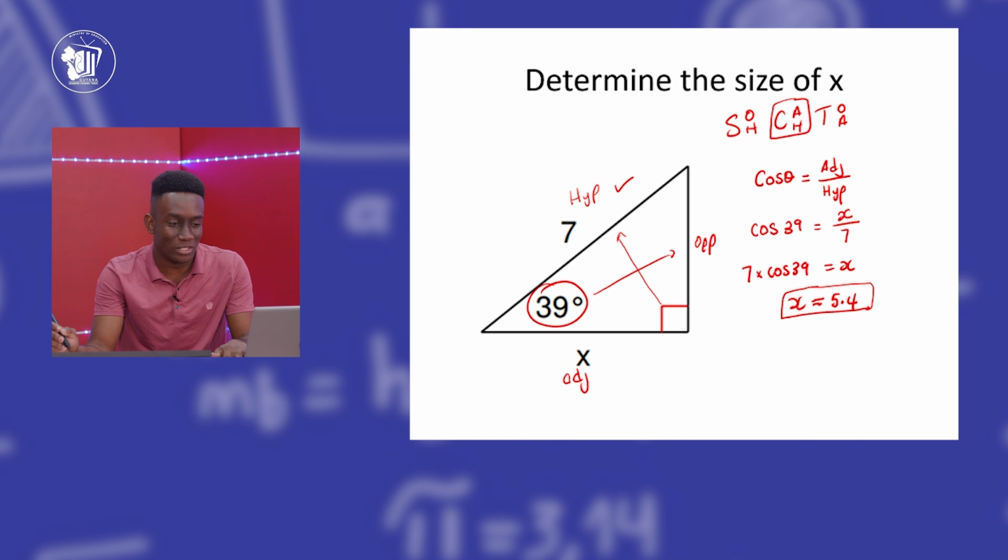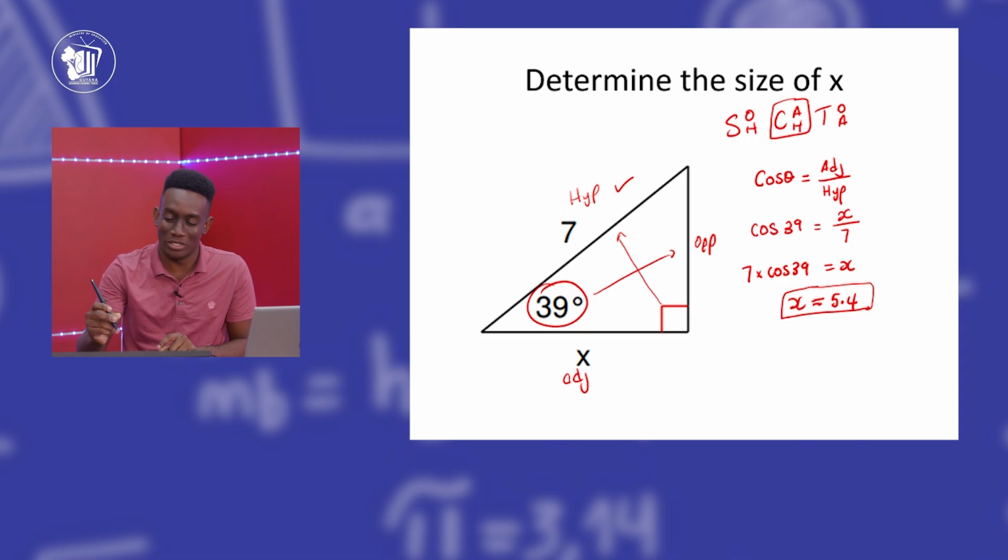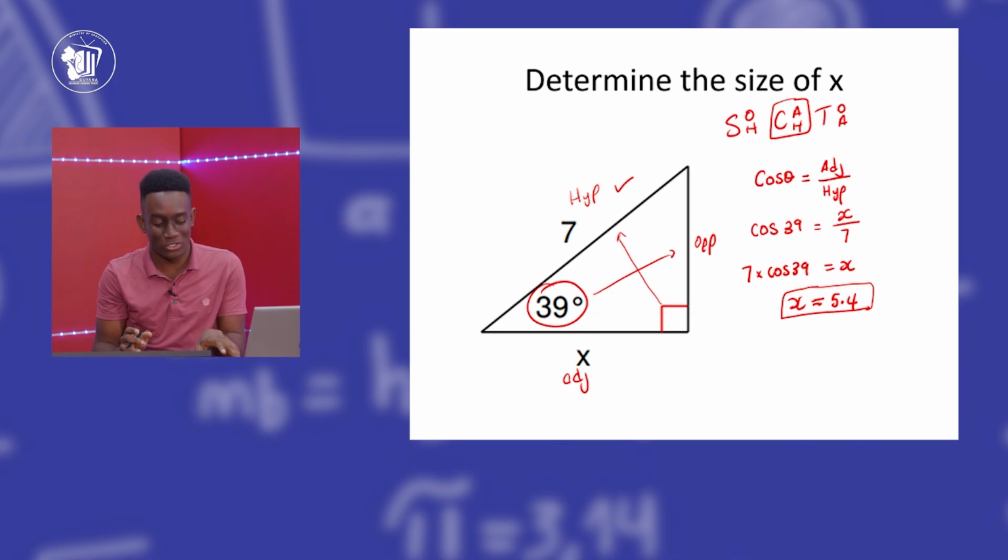So there's one thing you want to keep at the back of your mind. The answer that you get should be closely aligned to the other sides. You cannot be given a side as 7 and then when you work it out you get the opposite as 300 and something. That means something is either wrong with your calculator or you made some mistake somewhere. So with that, this has brought me to the end of this video.